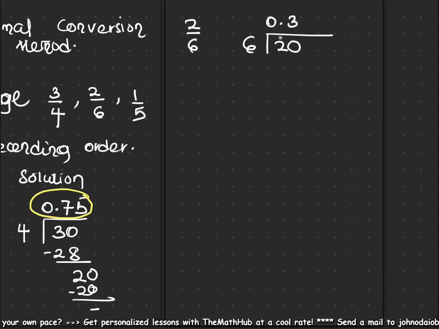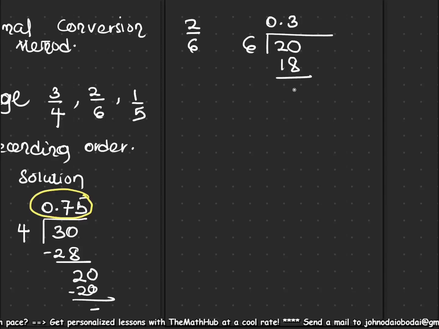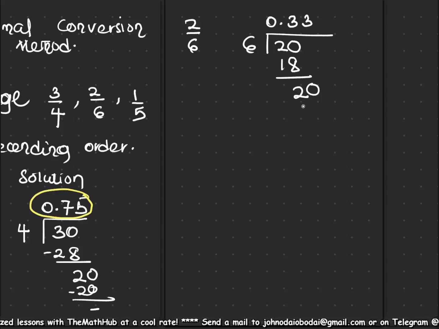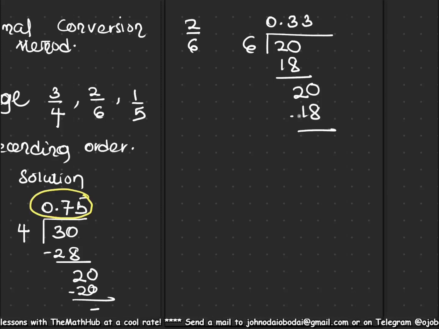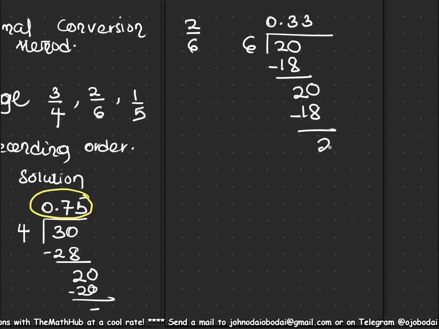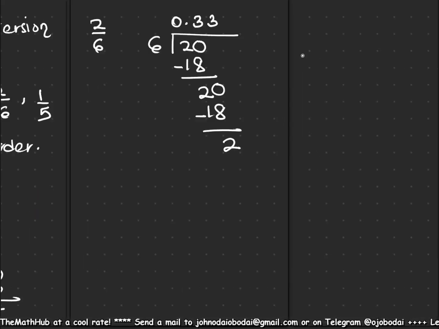We have 3. 6 times 3 is 18. If we subtract, we have a remainder of 2. We are allowed to add another 0 to it because of this decimal point, and the process starts again. 20 divided by 6, we have another 3. 6 times 3 is 18. If we subtract, we have another 2. And you realize that it goes on and on, so we can end that over here.